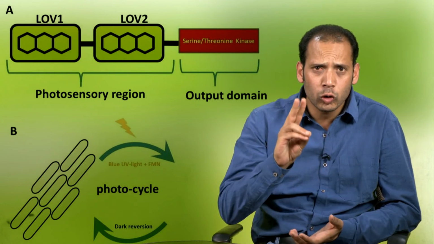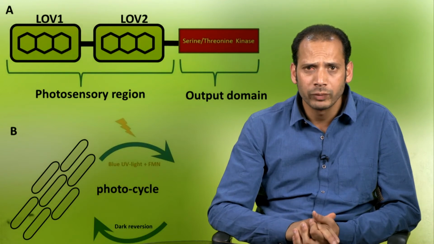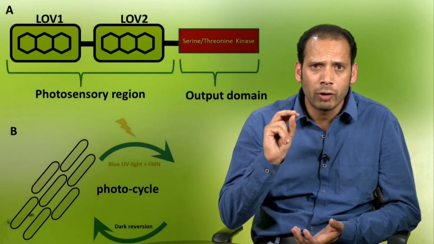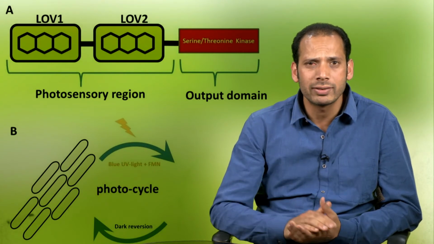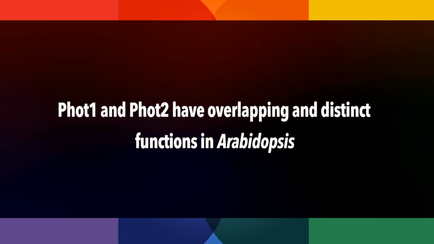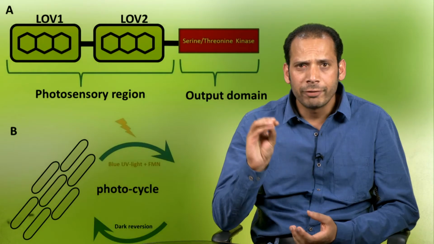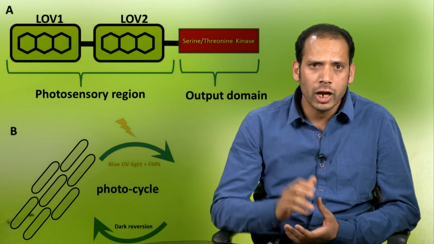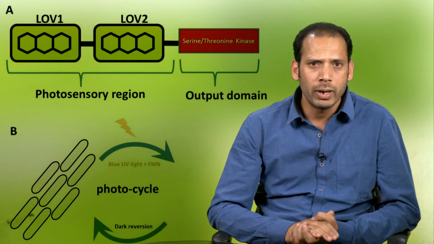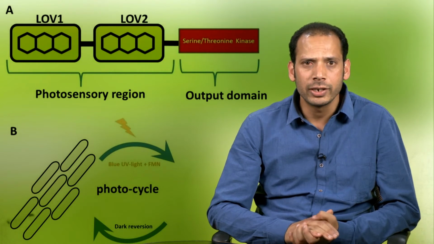There are 2 phototropin homologs in Arabidopsis designated as FOT1 and FOT2, which share approximately 60% sequence identity. FOT1 and FOT2 have overlapping and distinct functions in Arabidopsis. They function redundantly in phototropism, the chloroplast accumulation response, stomatal opening, and leaf flattening.